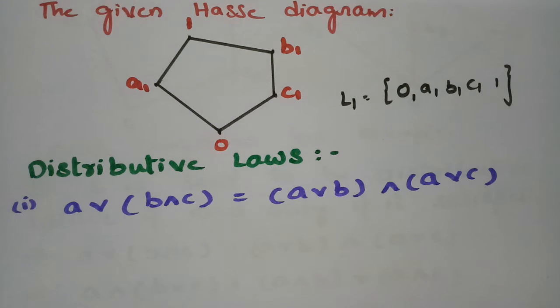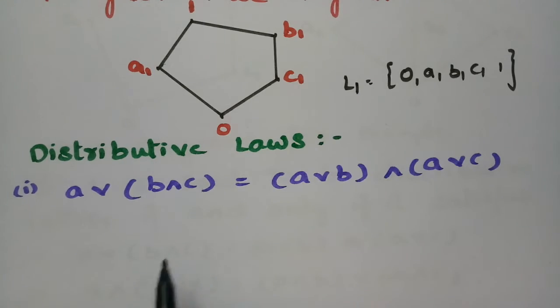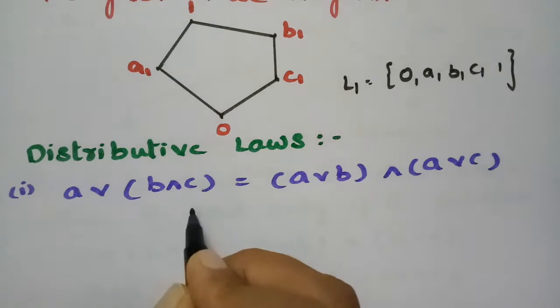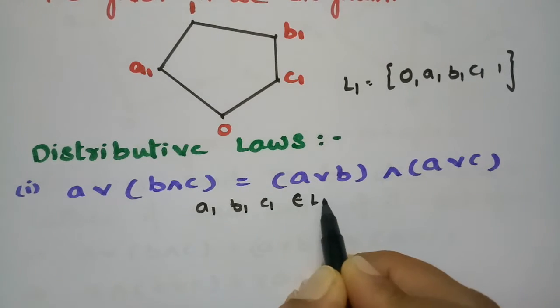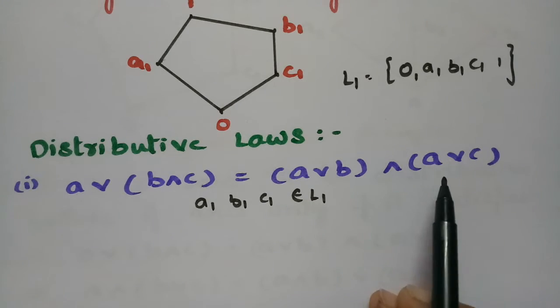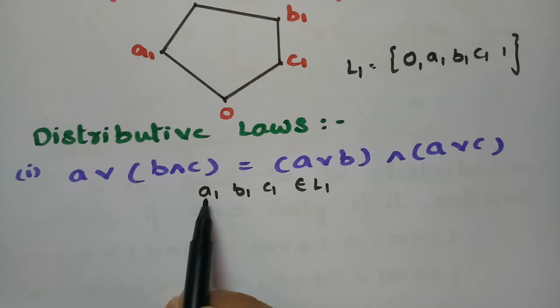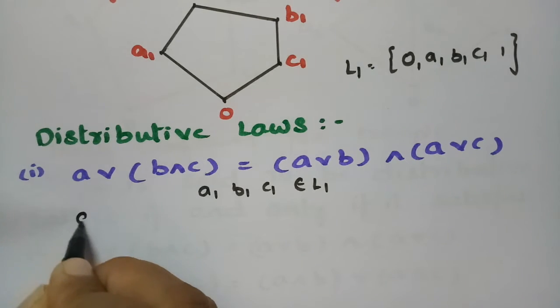So it is a bounded lattice. If I consider 3 elements from this finite set, that is A1, B1, C1 belonging to the lattice L1, then we have to apply this distributive law. In place of A, I write A1, in place of B, B1, and in place of C, C1. Let's see what happens.